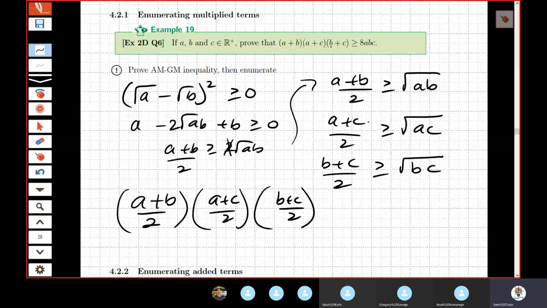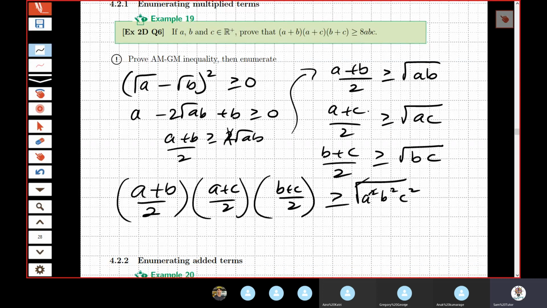You're going to times it all together. That's completely allowed, right? Greater than or equal to root AB, AC, BC. So A squared, B squared, C squared. And then I think you guys can see that cancels out. 2 times 2 times 2 is 8.